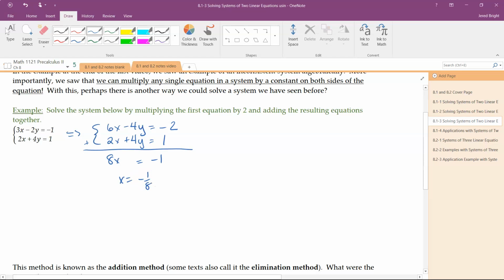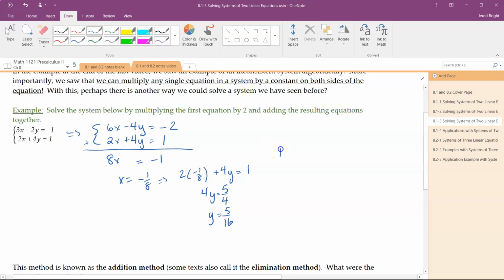That was the same value I found as an answer for this system before, and then this led us to find the value of y. We can find it here again quickly. Plus 4y is equal to 1, and then so this is minus a fourth, and if I add that, I would get 4y is equal to 5/4, and consequently y is equal to 5/16.